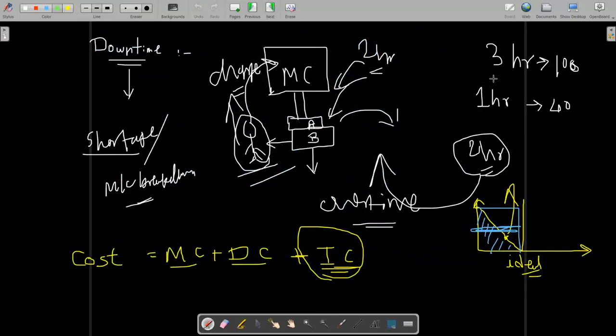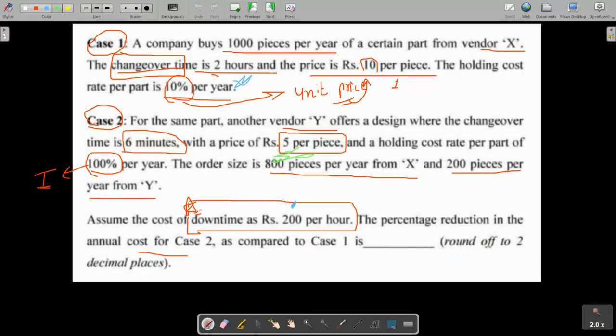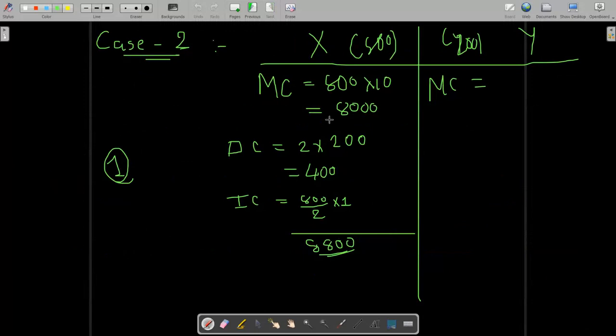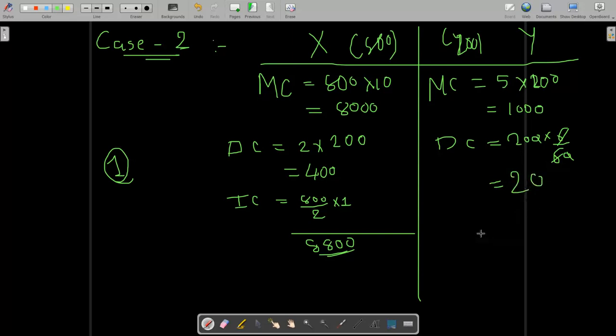Now for Y, what is the material cost? 5 rupees is the unit cost. This is 5 rupees per piece. So 5 rupees and how many quantity? 200 quantity. So it is 1000 rupees material cost. Downtime cost is what? 200 rupees per hour. But downtime is given as 6 minutes. So we will convert into hours by dividing by 60. So it is 20 rupees. And inventory cost.